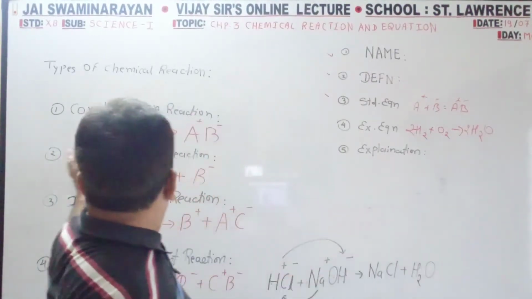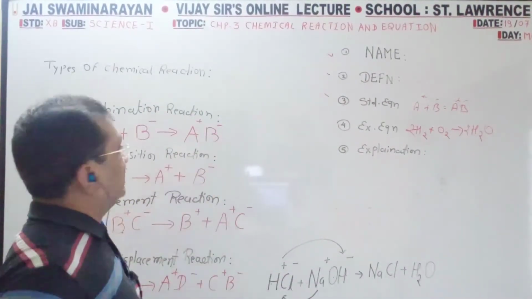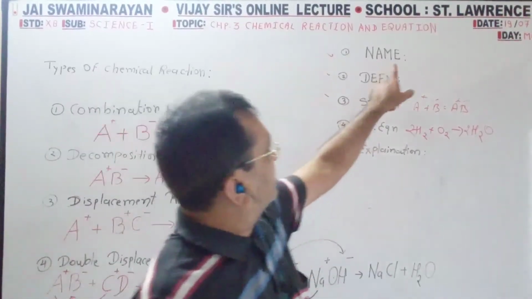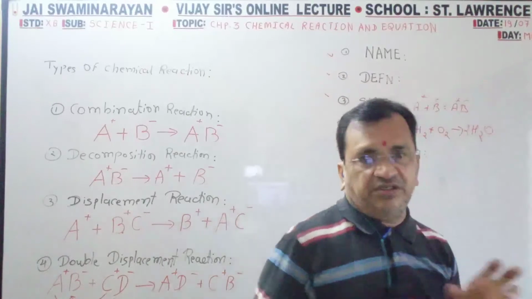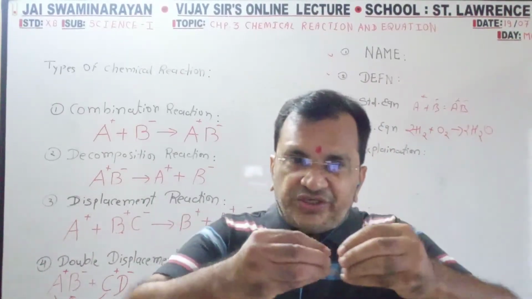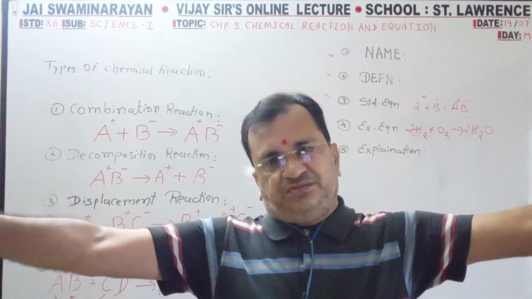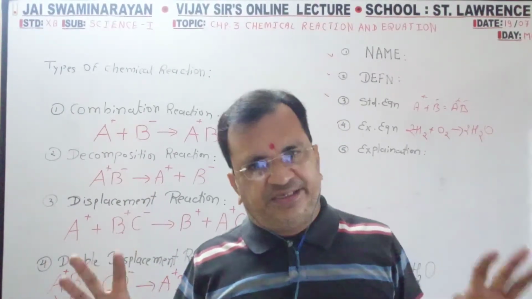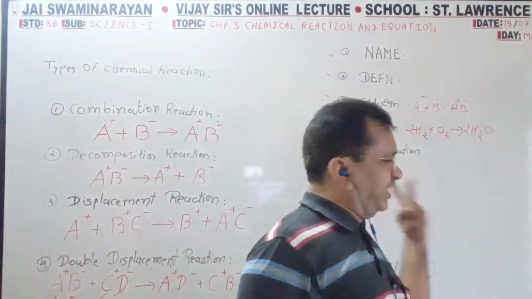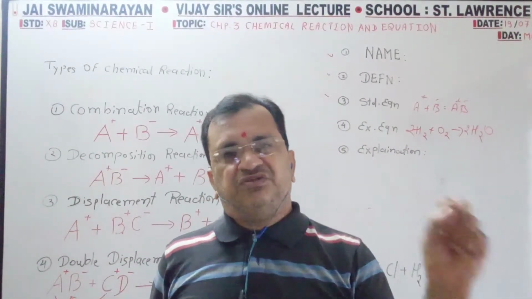Type 2. Decomposition reaction. I will write the heading, decomposition reaction. I will write the definition. From a compound, when the constituent elements become separated, it is a decomposition reaction. I will write the opposite: water gives hydrogen and oxygen.